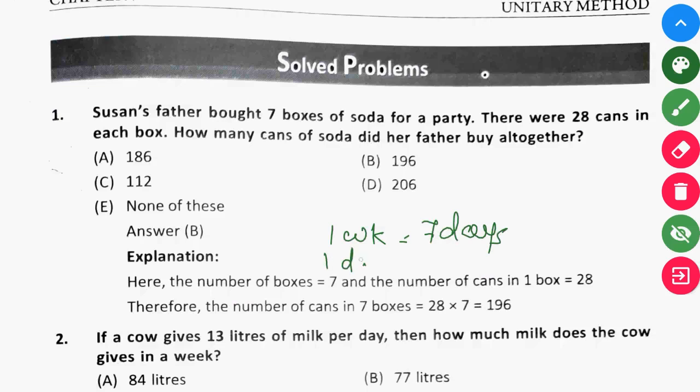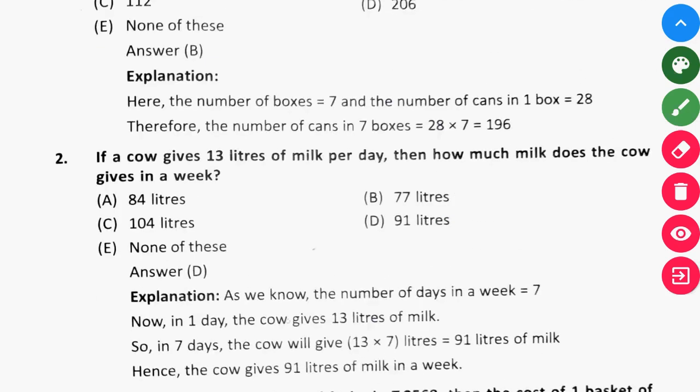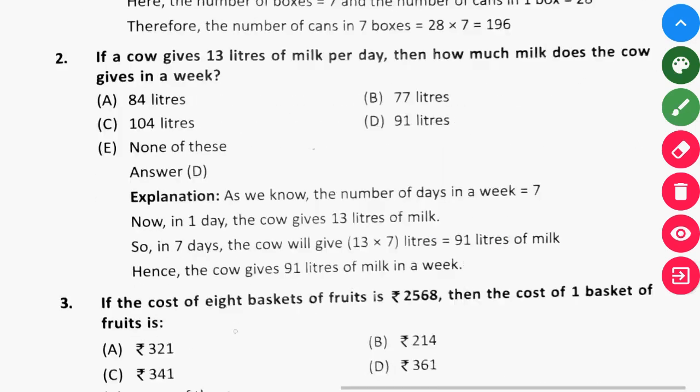In 1 day the cow gives 13 liters of milk, so in 7 days, how many liters will she give? You have to multiply here again. 13 multiplied by 7: 13 fives are 65, 13 sixes are 78, 13 sevens are 91. So the answer is 91 liters of milk she will give in a week.